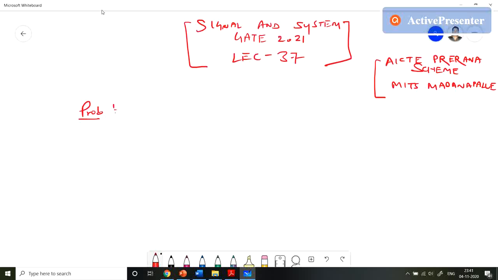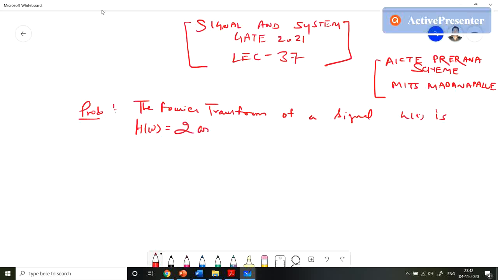The Fourier transform of a signal h(t) is H(omega), and that is equal to 2 cos omega sine 2 omega divided by omega.